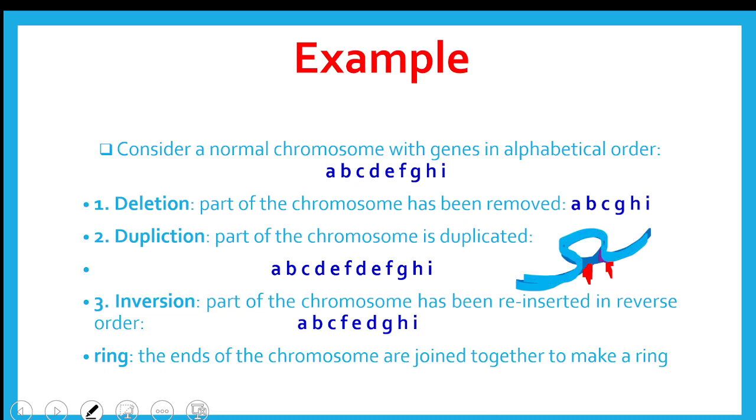Previously it was ABCDEFGHI, now it is in reverse order, ABC, FED, GHI. As DEF is rotated, joining takes place between C and F and between D and G, and this type of structural change is called inversion.